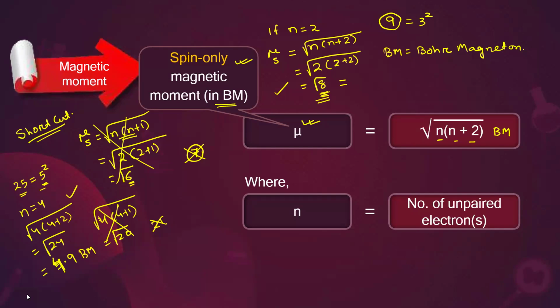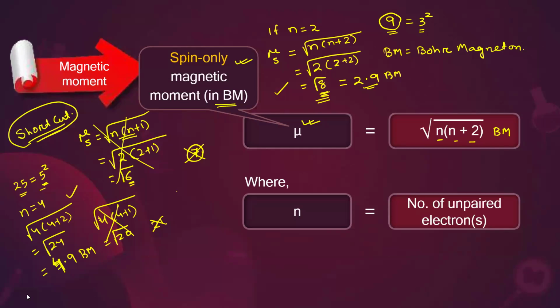Here you can write this will be 2.9 BM, because root over of 9 is 3, and the number will be just below 3, minus 0.1. Put the answer. Again, I am telling you another shortcut.